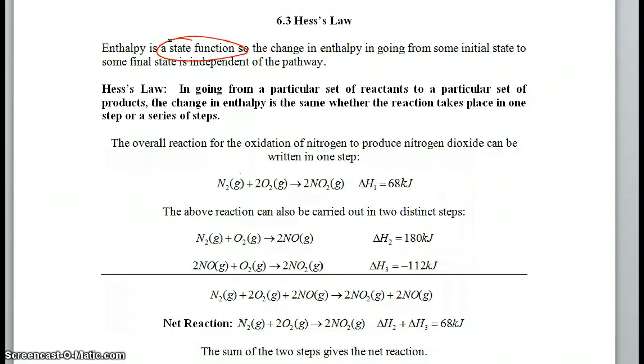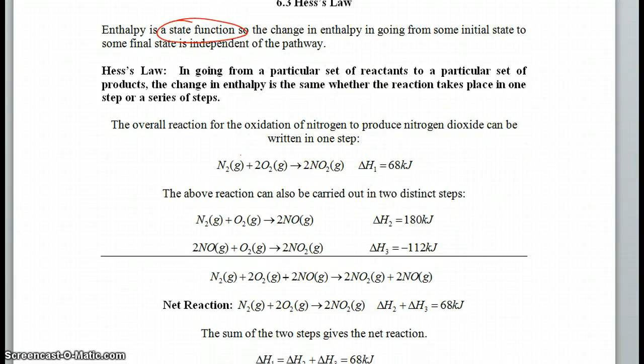We don't care about the steps required to get to those products from the reactants. Okay, so Hess's law says that in going from a particular set of reactants to a particular set of products, the change in enthalpy is the same whether the reaction takes place in one step or in a series of steps.